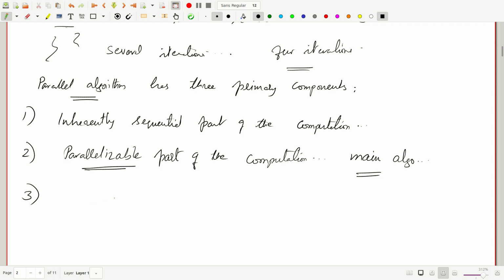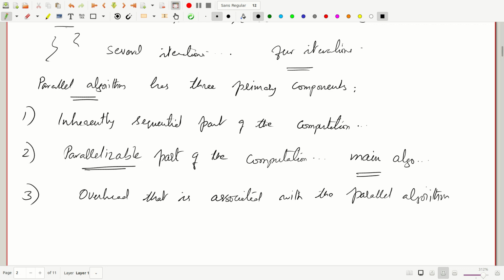All right, then the third part is of course the overhead that is associated with the parallel algorithm, which is otherwise absent in the serial algorithm, right?